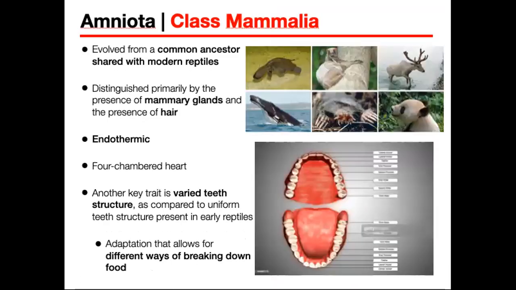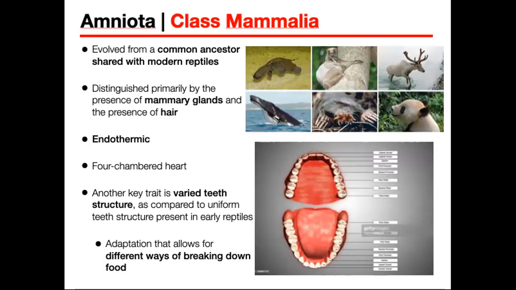Okay? You also have your class Mammalia. Okay? Mammals are known to have evolved from a common ancestor that is shared with the modern day reptiles. So distinguishing characteristic naman niya would be the presence of mammary glands, okay, to supply the needs of the developing young, and of course the presence of hair. Okay, mammals are also warm-blooded animals with a four-chambered heart.